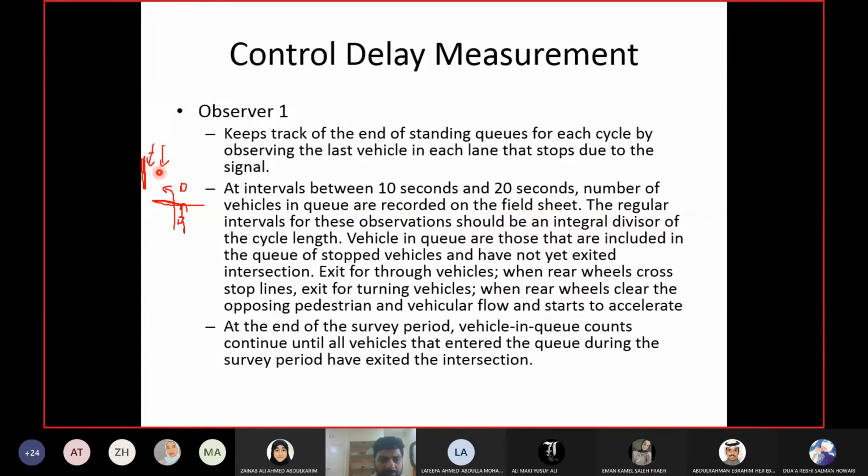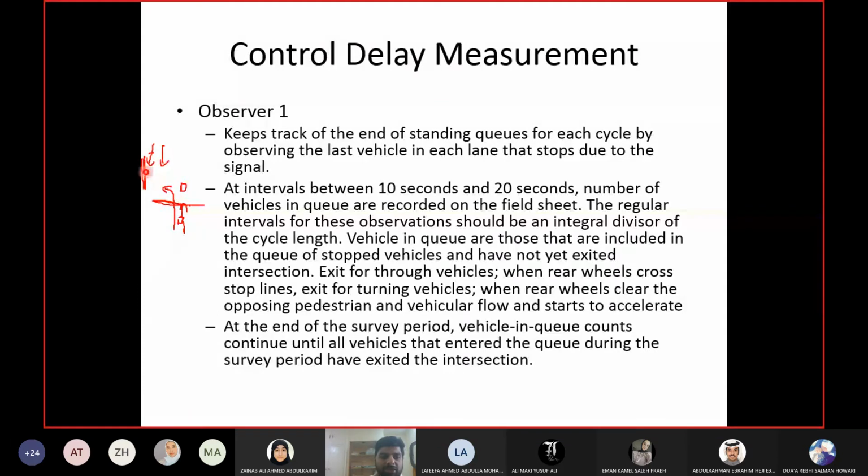So if this vehicle is here, it will still be considered as part of the queue because it has not cleared the opposite movement. When it crosses towards this side, then you will not count it in the queue. So a turning vehicle which became part of the queue will be counted in the queue until it crosses the opposing movement.